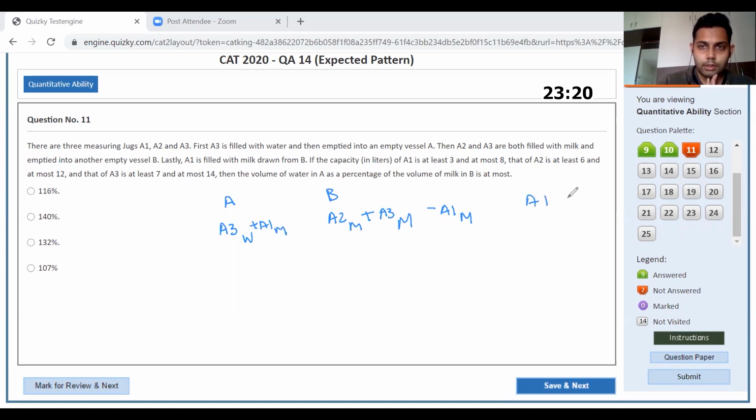Okay, so A1 is 3 to 8, A2 is 6 to 12, and A3 is 7 to 14. Then the volume of water in A as a percentage of volume in B is at most.